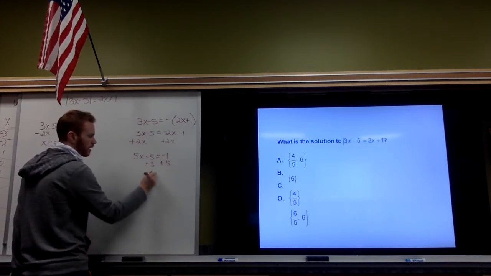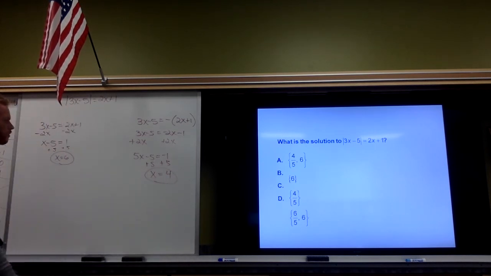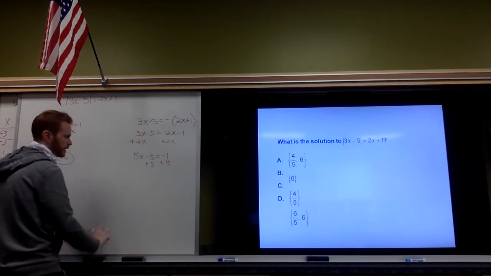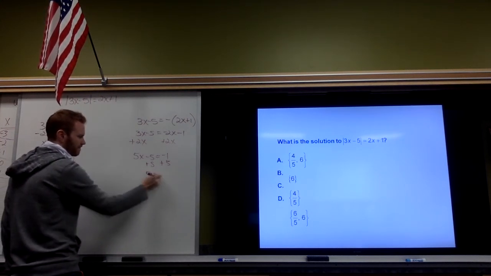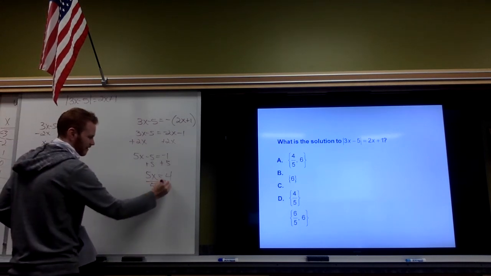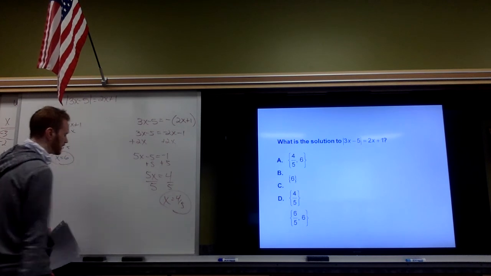So, x is equal to 4. Oh, no, wait. I'm so sorry. I jumped the gun. 5x is equal to 4 there. I am so sorry. And divide both sides by 5. So x is equal to 4/5. So there's my second solution.